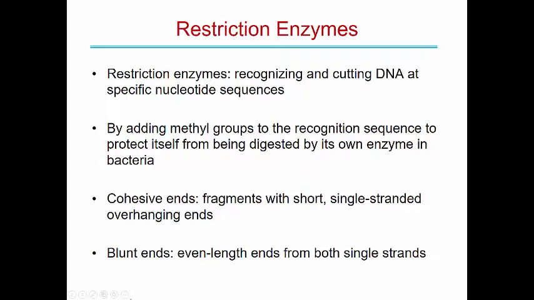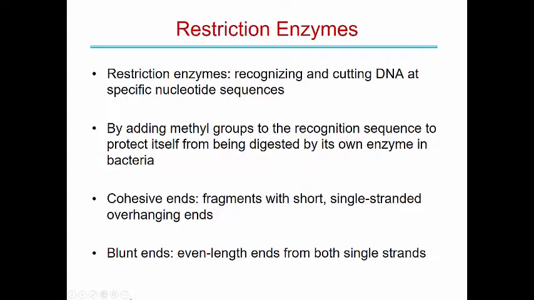So if we're looking at a circular piece of DNA in a bacterium with a small genome, one restriction enzyme may cut several times. In a larger eukaryotic genome, they may cut thousands of times. So that's one issue with using them.